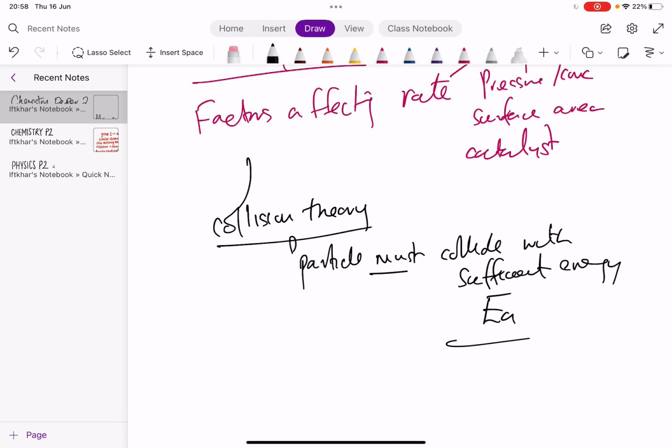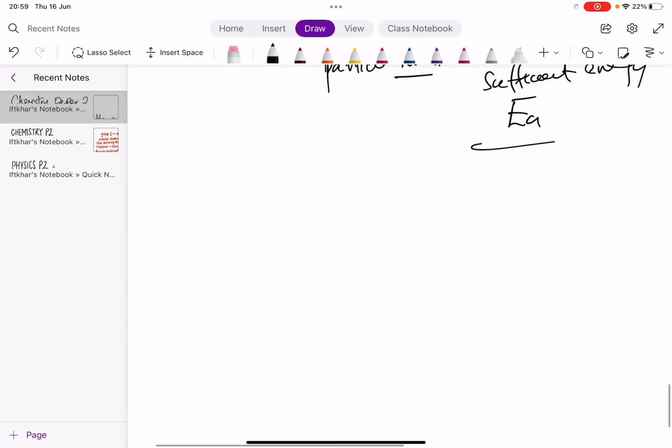So for a reaction to occur, there needs to be a frequency of collisions per second, per unit of time, and there needs to be collisions that have sufficient energy for the reaction to occur. So let's talk about temperature, pressure or concentration, surface area, and a catalyst.